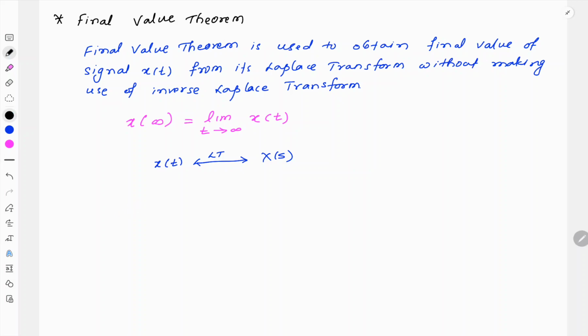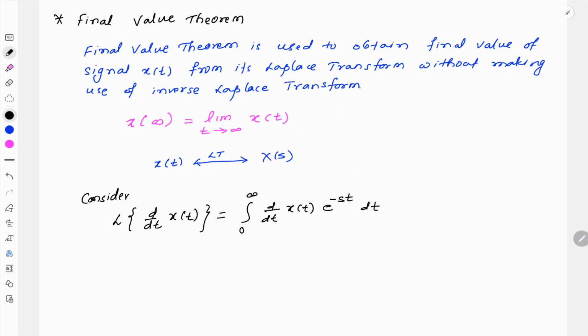So let us find out Laplace transform of d by dt of x of t. Equal to integration, make use of unilateral Laplace transform, so 0 to infinity d by dt of x of t into e raised to minus st dt.